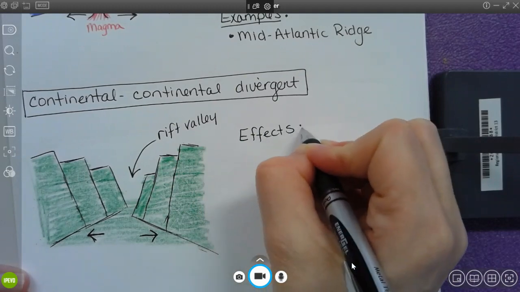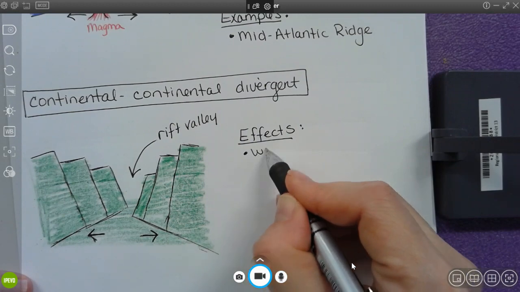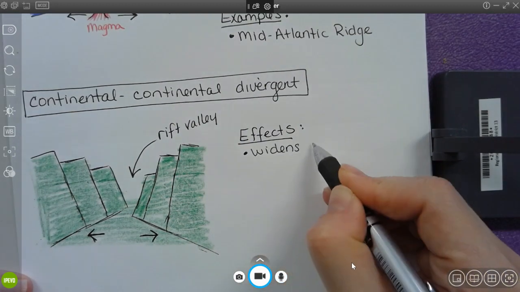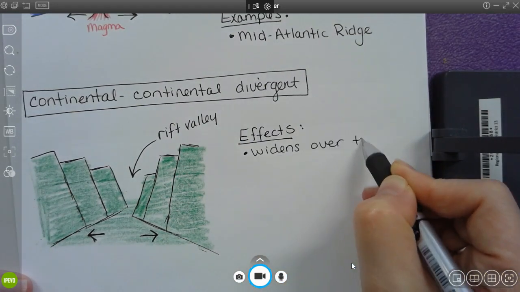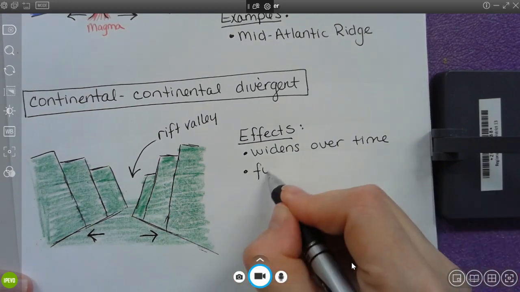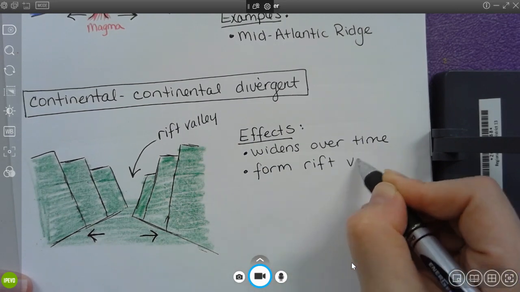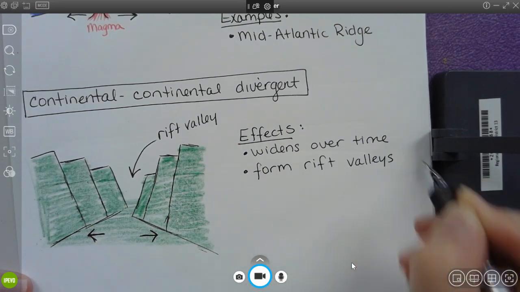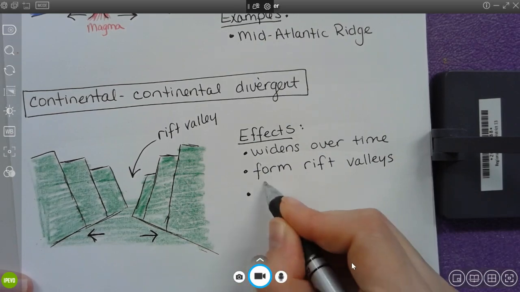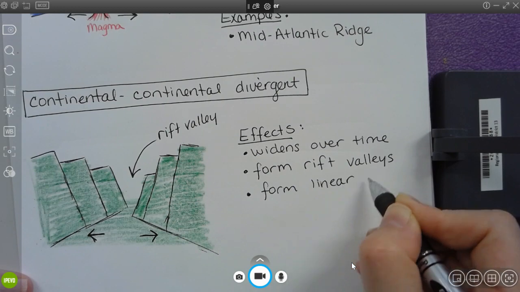And there's actually something else kind of cool that can happen. So we know that divergent boundaries widen over time. It forms rift valleys. And it could form what we call linear seas.